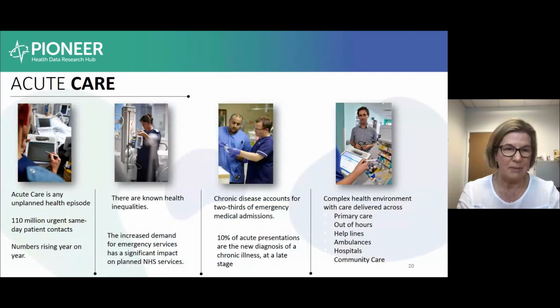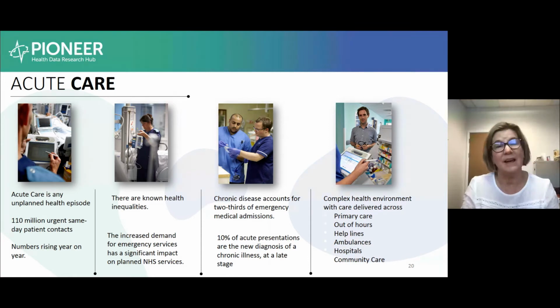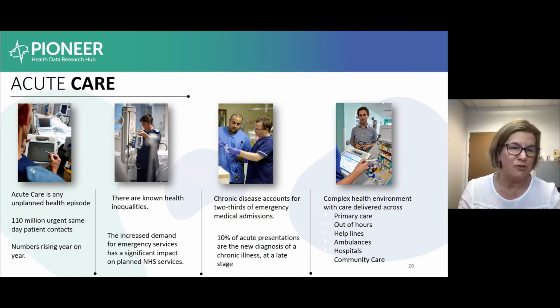So why is this important? Well, acute care is any unplanned healthcare episode, and it places an enormous strain on the NHS. There were 110 million urgent same-day patient contacts, and the numbers are rising year on year. In 2019-2020, there were 25 million admissions to NHS hospitals.